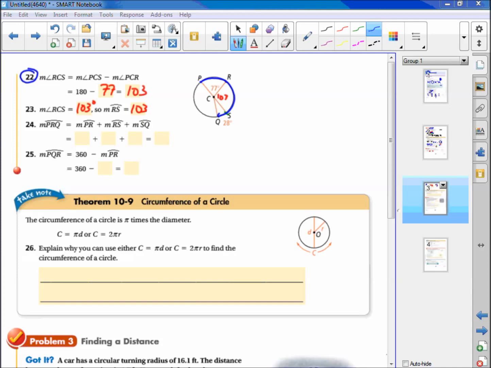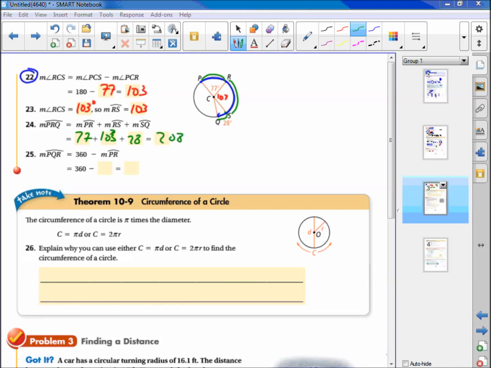That's why it has 3 letters to name it. And that's going to be equal to the measure of arc PR plus the measure of arc RS plus the measure of arc SQ. All right, so that's going to be 77 plus 103 plus 28, which would be 208.